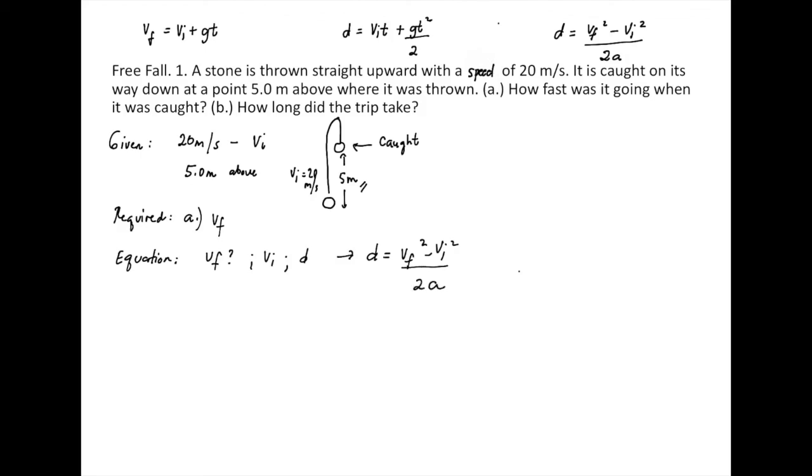Since this is a free fall, we know that the value of A is simply G, and that is negative 9.8 meters per second squared. Let me replace this with G.